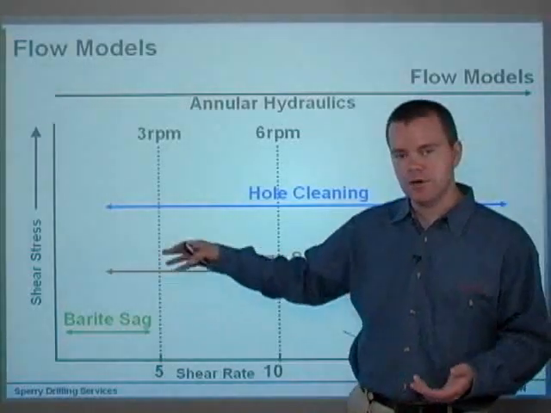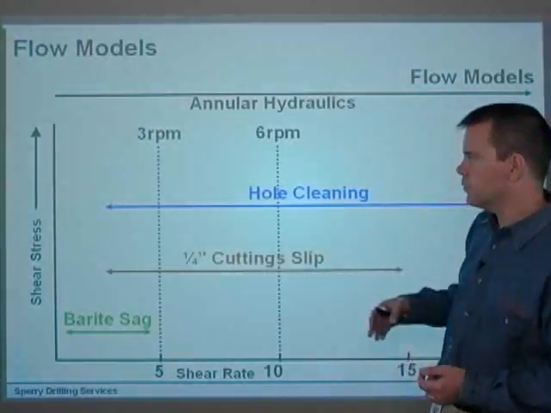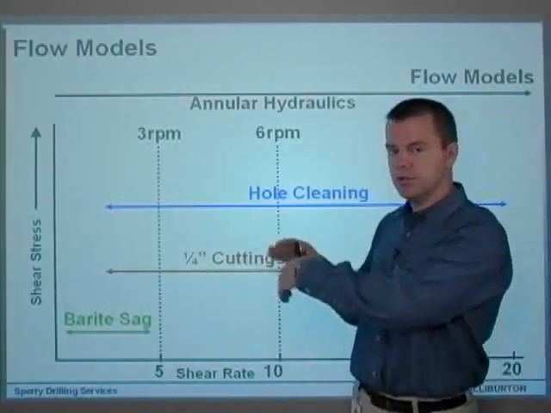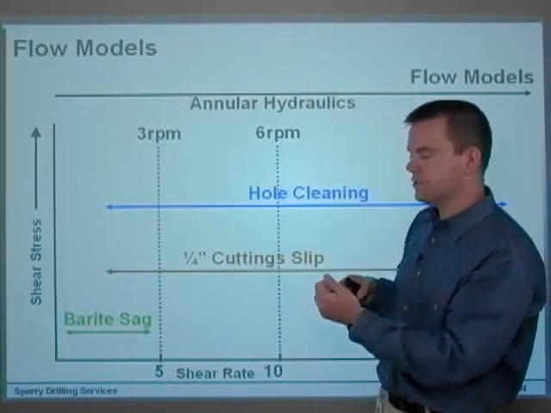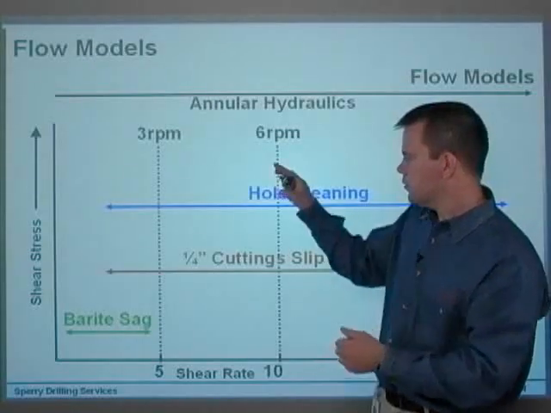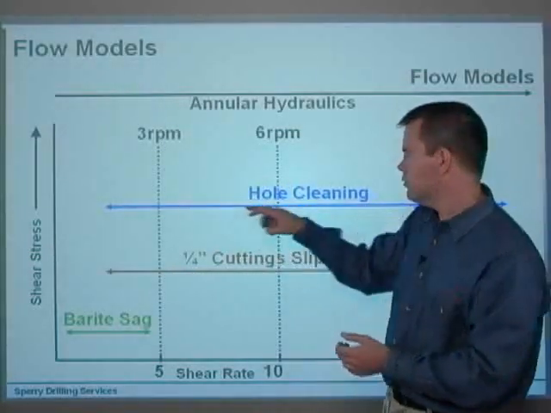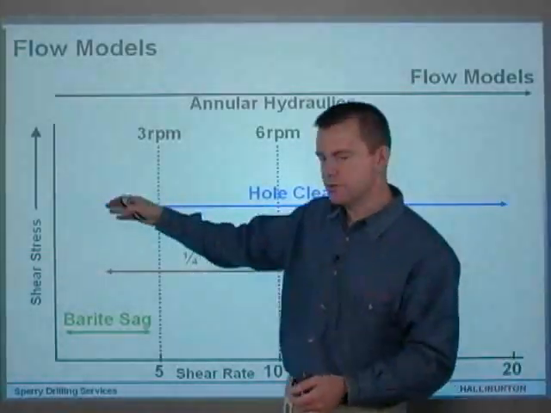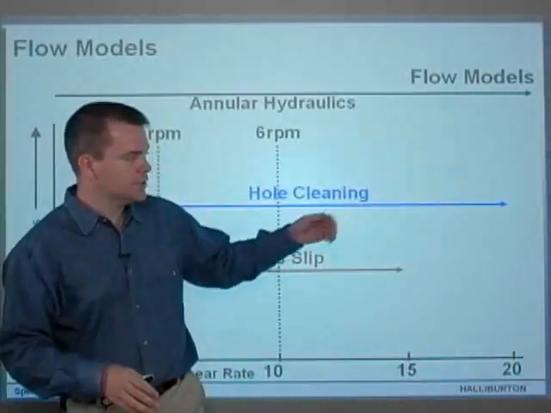That relates to your RPM readings on your fan rheometer of 3 and 6. So your 3 and 6 RPM readings, your theta 3 and theta 6, would describe your annular hydraulics. And the hole cleaning is described pretty much across the board from down here, sort of 2.5 up to 20.